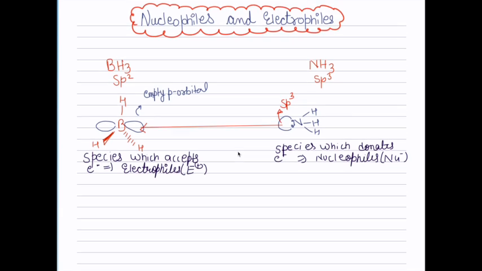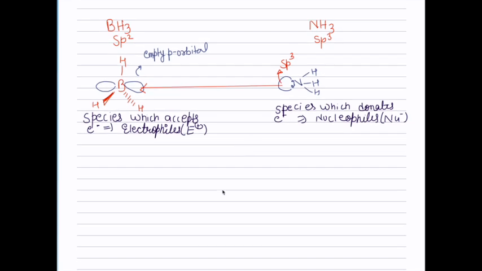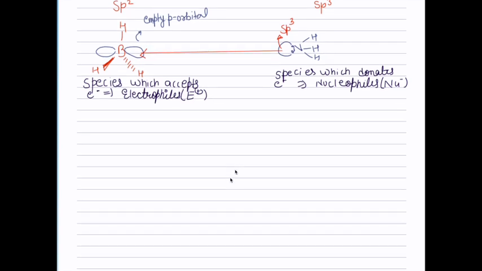So how does the molecular orbital approach work when there is bond formation between nitrogen and boron? The nitrogen has a lone pair in an sp3 orbital and the p orbital of boron is empty. So we can say that the nitrogen sp3 has a lower energy compared to the empty p orbital of boron.